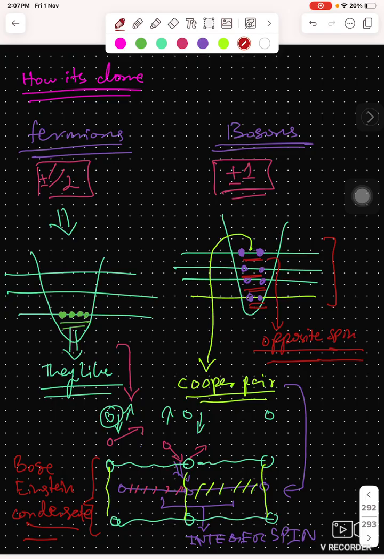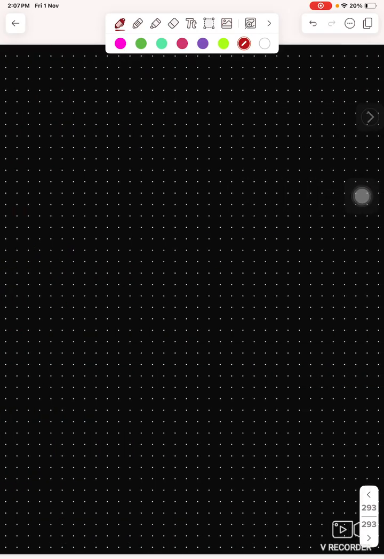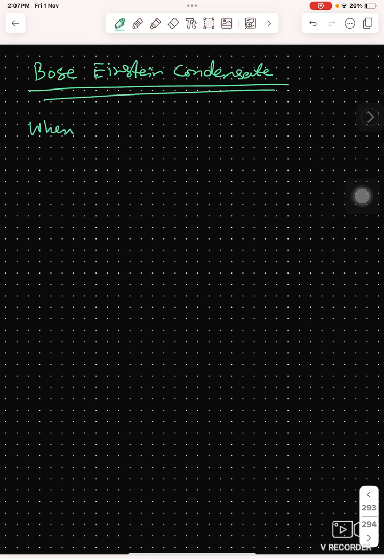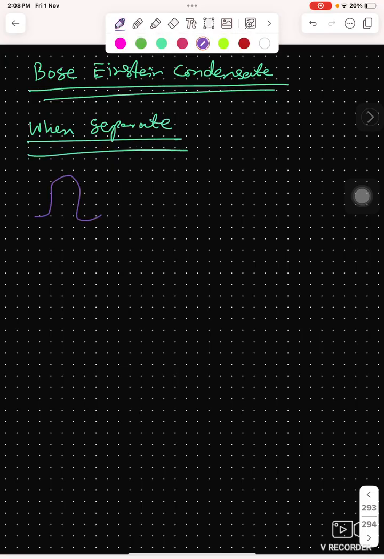What is a Bose Einstein condensate? When we decrease the temperature of a certain particle or a group or lattice, their wave functions, their waves, look like this.